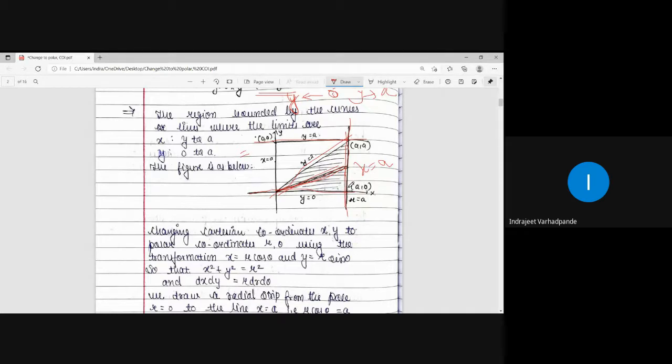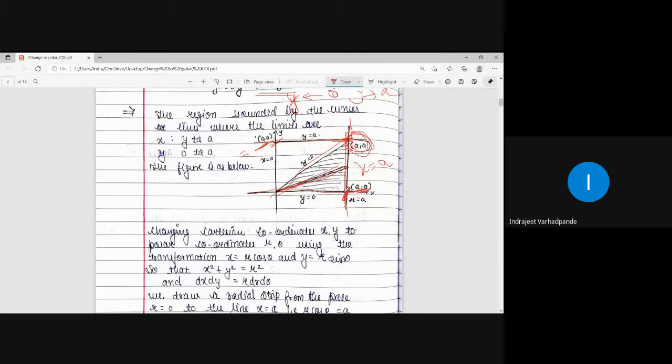As line x equal to a intersects the x-axis, the coordinate will be a comma 0. The point of intersection of line x equal to a and y equal to a will be a comma a. This is a line where the coordinate will be 0 comma a. So this is the figure to be drawn.